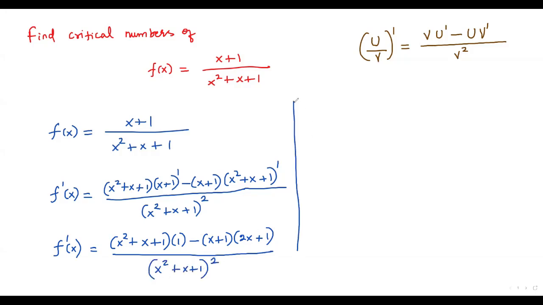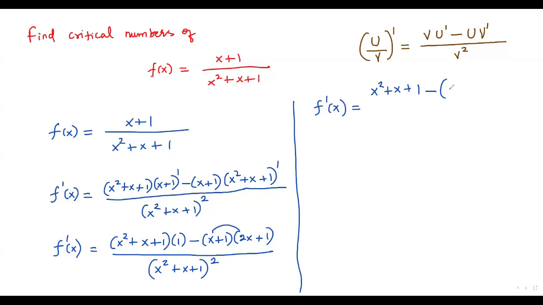Now let me continue over here. F prime of x equals, when I multiply this by 1, it stays the same, that is x squared + x + 1, negative. Now let's multiply these two binomials, and then we can distribute this negative sign to the result of the product of the two binomials. We can use the FOIL method, that is, multiply the first terms, then outer terms, inner terms, last terms.